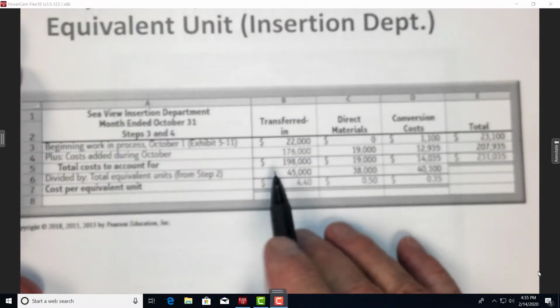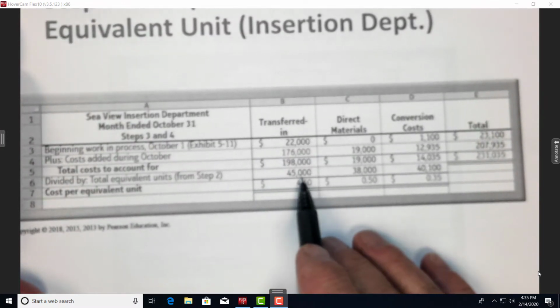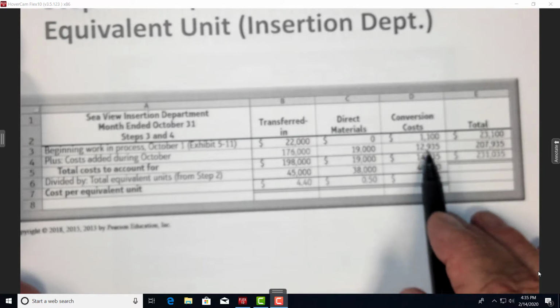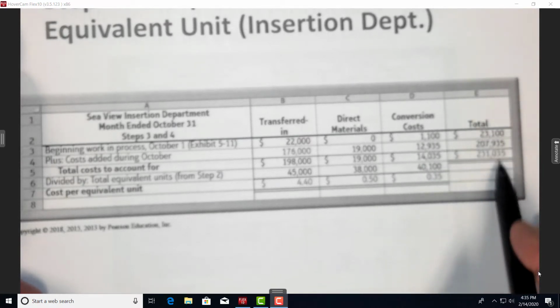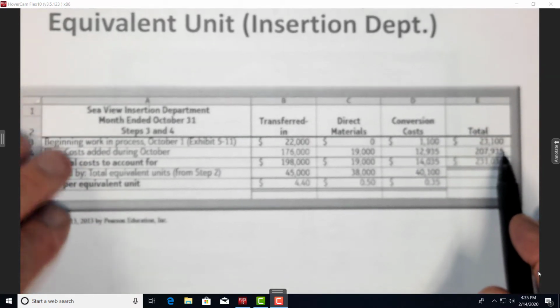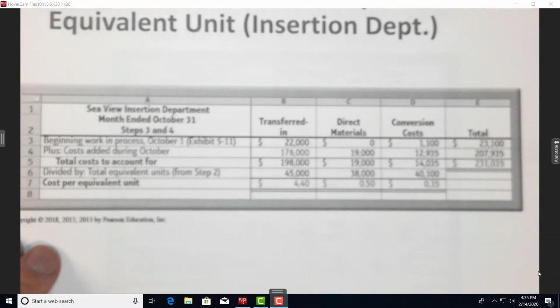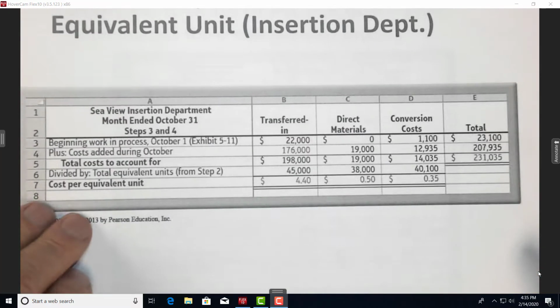Then the fourth step is compute the cost per equivalent unit, which again we brought down, divided into the total cost. And don't forget to add your totals over here. Add your totals. Okay.